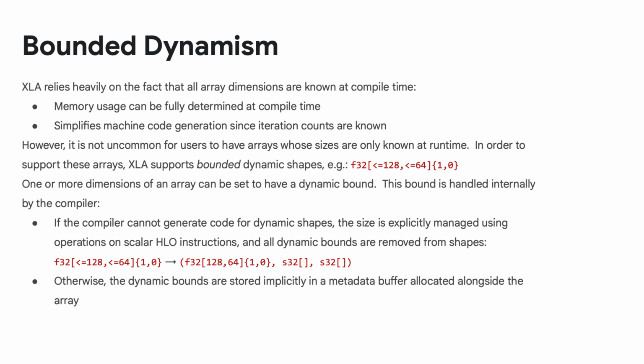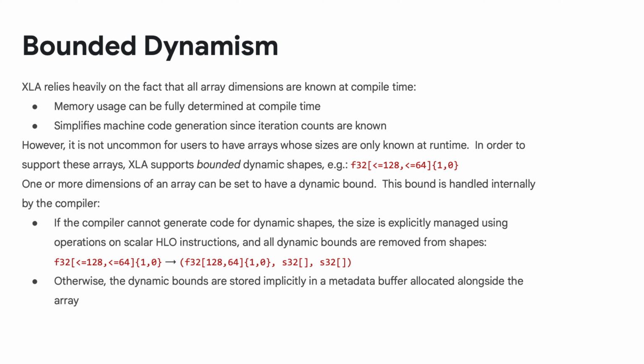So for example, F32 with a less-equal bound, you know that the shape of the array is smaller than 128 by 64, but the concrete value is unknown until runtime. So at runtime, you will get the buffer 128 by 64, and after the buffer, you will have two scalars that define the real size of the buffer.